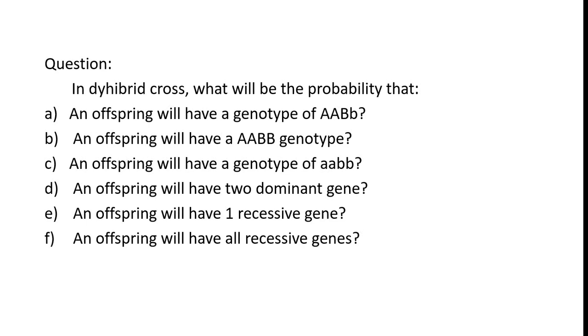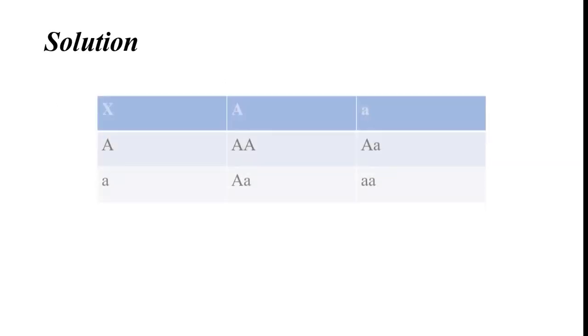This particular genotype will fall under the 9 in the phenotypic ratio, as we looked at earlier. So you have to calculate that. Then for the second one, let's calculate the probability that the offspring will have the capital A, capital B genotype. So let's proceed to the solution.